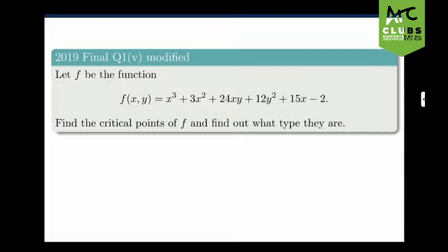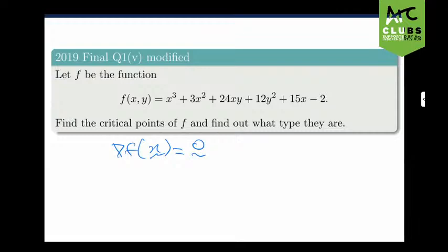Okay, so if I take the partial derivatives, I want to work out the gradient of f. I want to solve for this equal to 0. A point is a stationary point if the gradient at that point is 0.